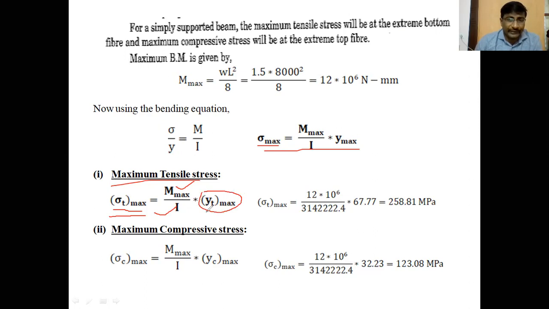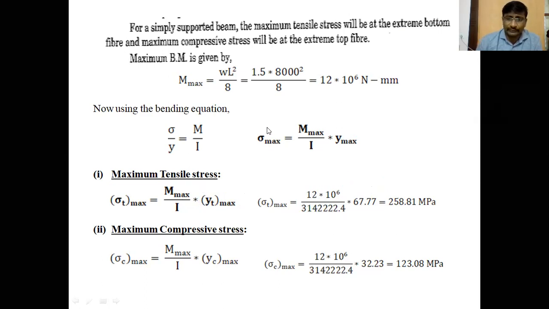So yt maximum is the distance of the extreme bottom layer from the neutral axis. The extreme bottom layer distance is 67.77, which we already found. So upon substitution of the maximum bending moment, moment of inertia, and yt maximum.